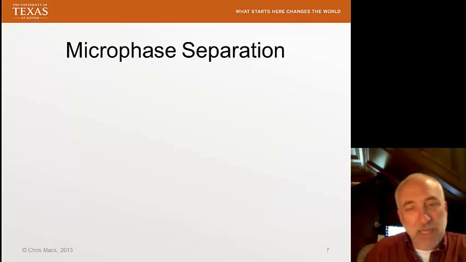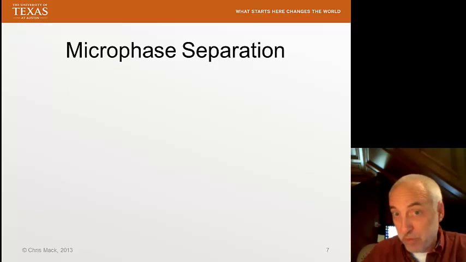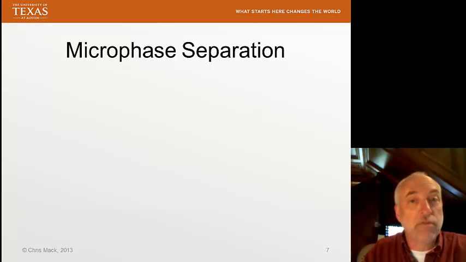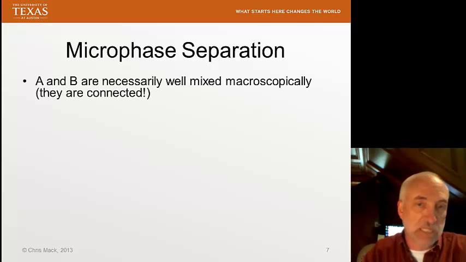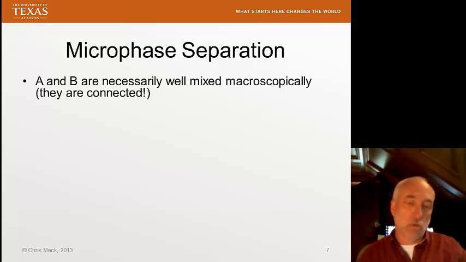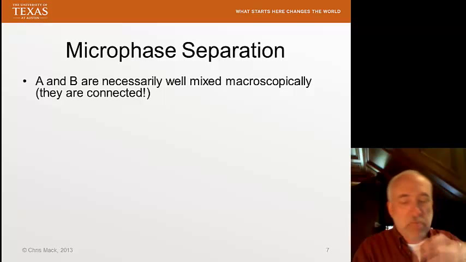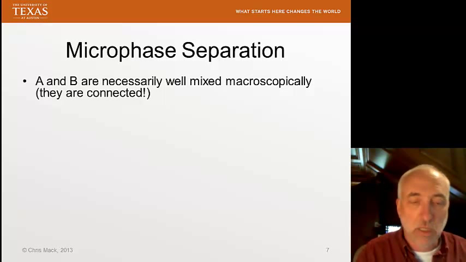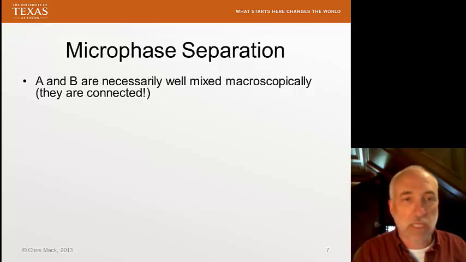What makes block copolymers interesting, at least from our perspective, is that they can undergo microphase separation. Let's explain what that means. Well, if we look macroscopically, if we have a big bottle of this block copolymer, then macroscopically it's well mixed.